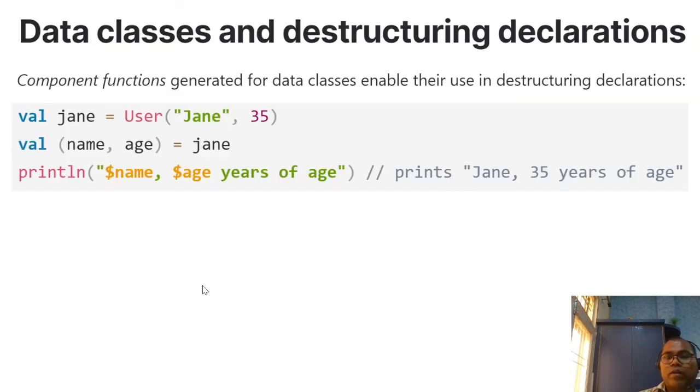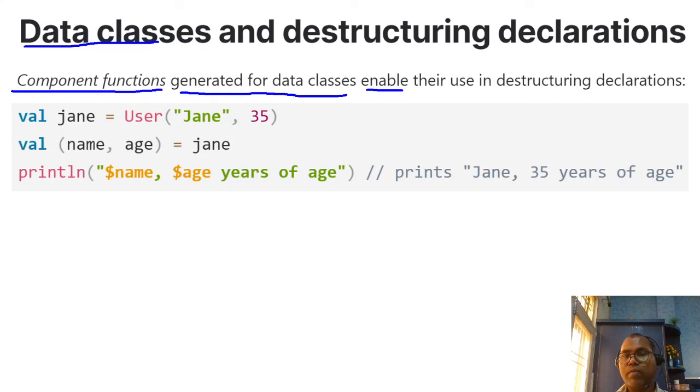So this kind of feature is supported not on regular classes but on your data classes. All the component functions generated for a data class can be used in destructuring. This is your component1, component2. So this is a concise form of writing classes, known as data classes.